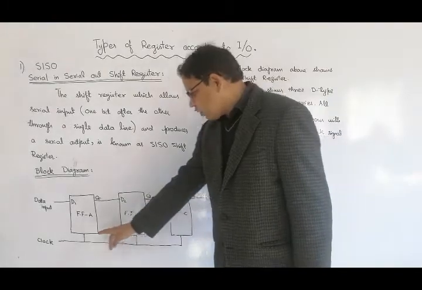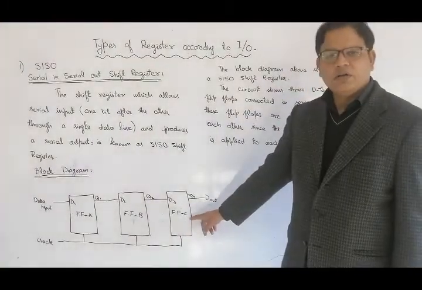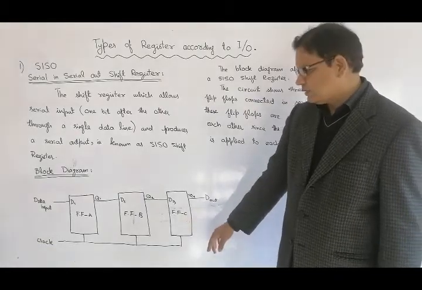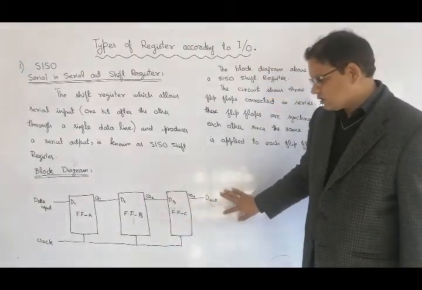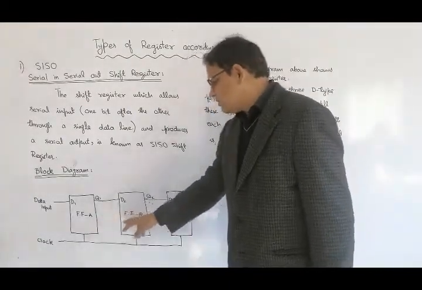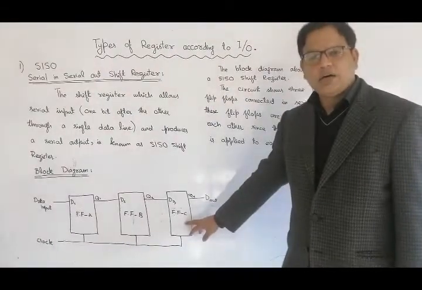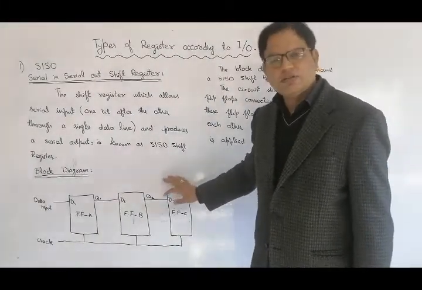The clock pulses are commonly connected to every D-type flip-flop from a single source, and the output is taken from the third D-type flip-flop. So combining these three D-type flip-flops makes a serial in, serial out shift register.